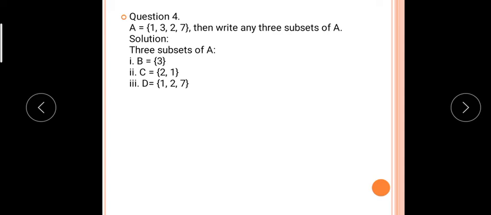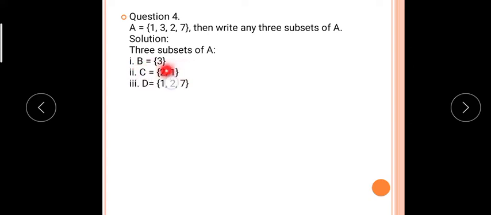Now this question, a simple question: A is 1, 3, 2 and 7. Then write any three subsets of A. All of you know that subset means, for example, see here, B is equal to curly braces 3. Means every element of B is present in A? Yes. And therefore B is a subset of A. Now C, 2, 1.